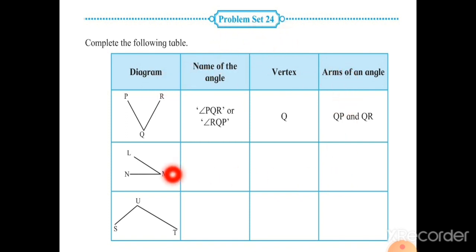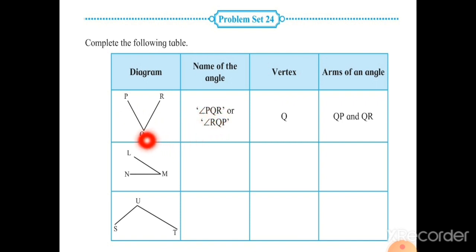Draw this table. Write diagram, name of the angle, vertex, arm of an angle. These are the angles, diagrams. We need to write the name of the angles. Angle PQR or angle RQP. Both answers will be correct.